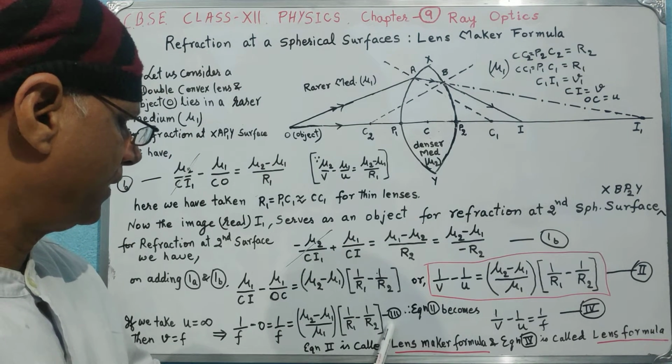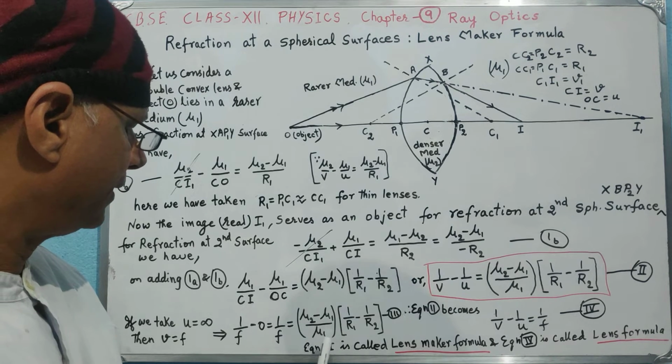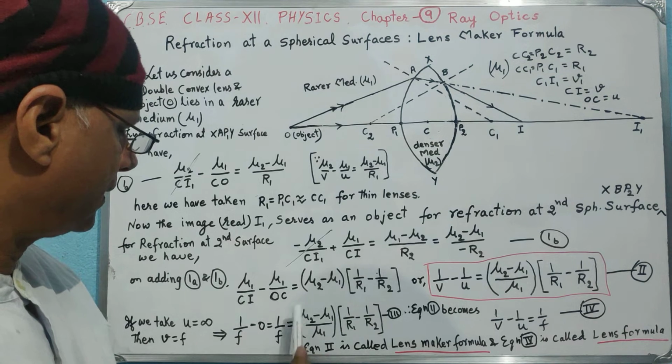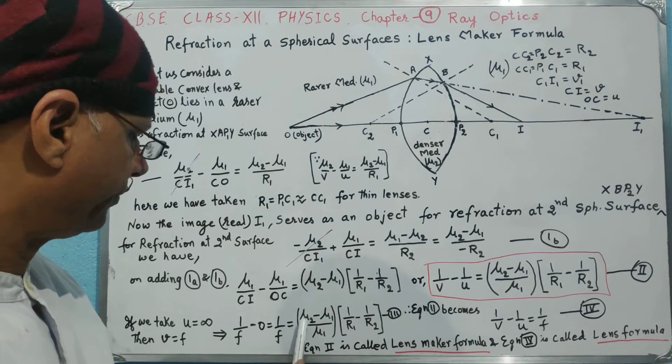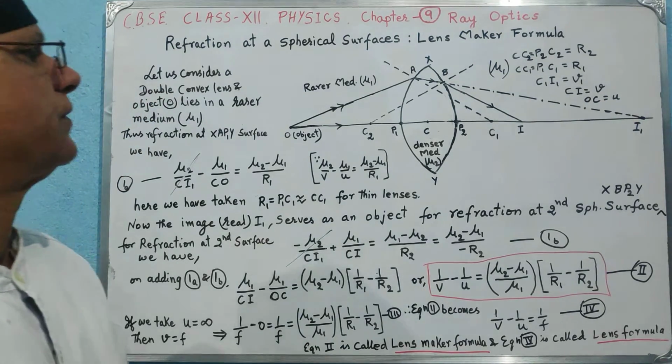So this equation is very useful to find the focal length of a given lens, and it also expresses how focal length depends on refractive index as well as the radius of curvature of the spherical surfaces of the lens.